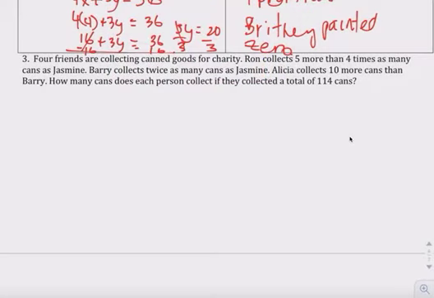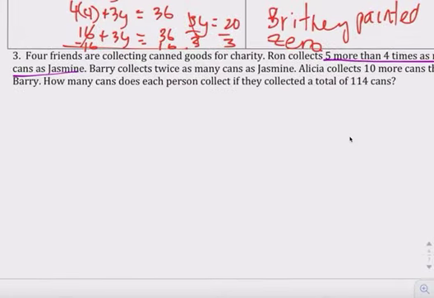Anyways, 4 friends are collecting cans. Ron collected 5 more than 4 times as many as Jasmine. Okay, Ron, Jasmine, Barry, and Alyssa.